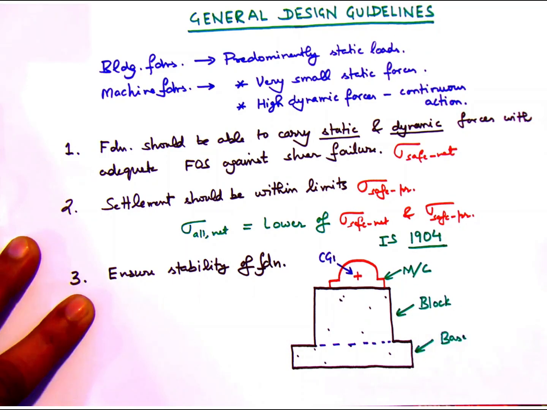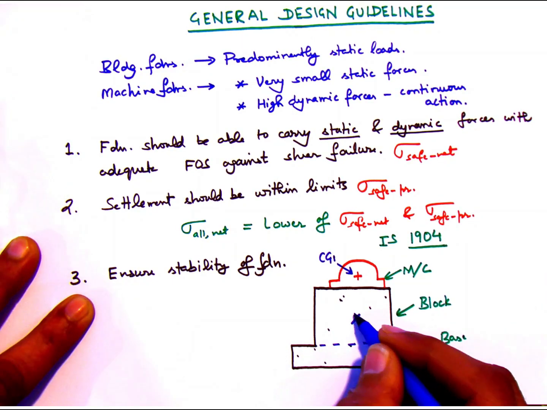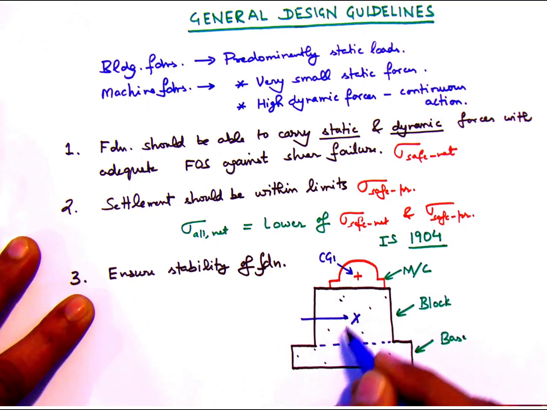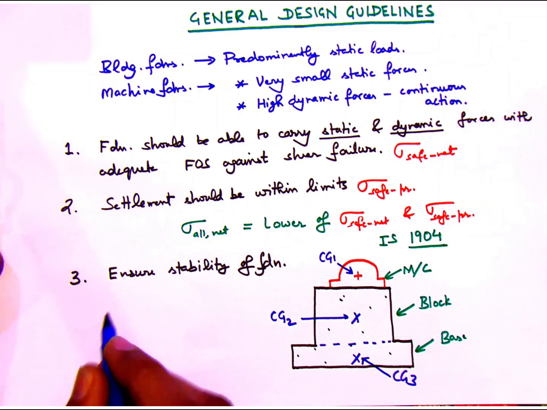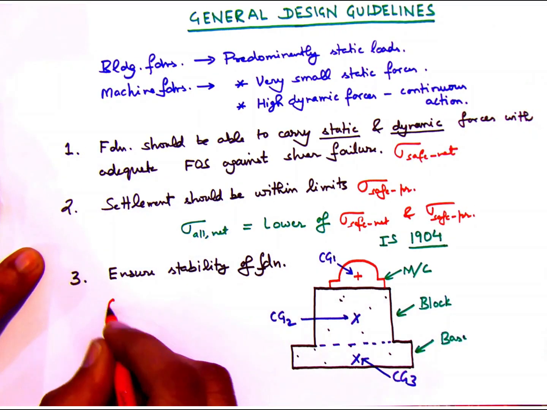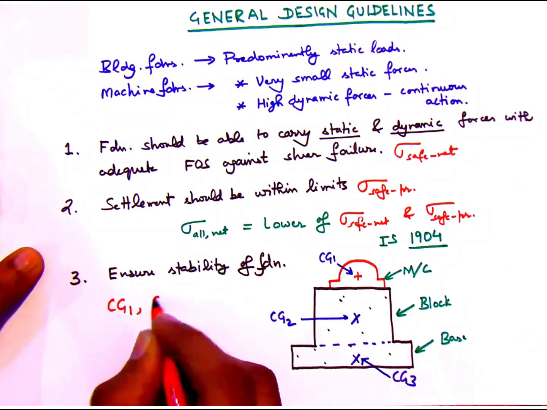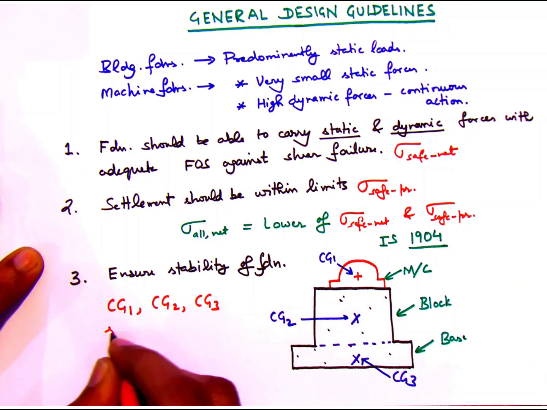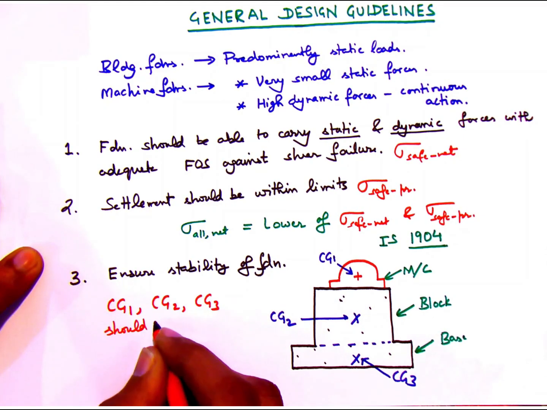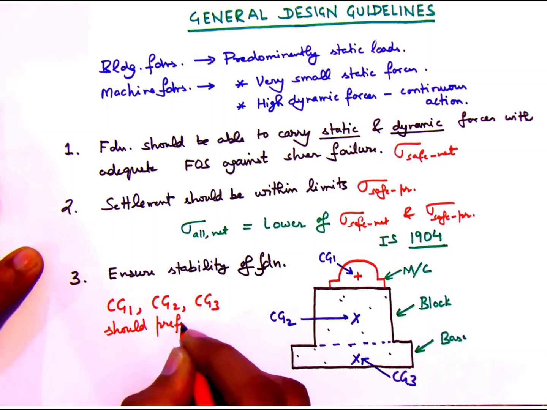The machine, the block and the base have individual centers of gravity. It should be ensured that all three centers of gravity lie on a single vertical line to ensure overall stability of the system.